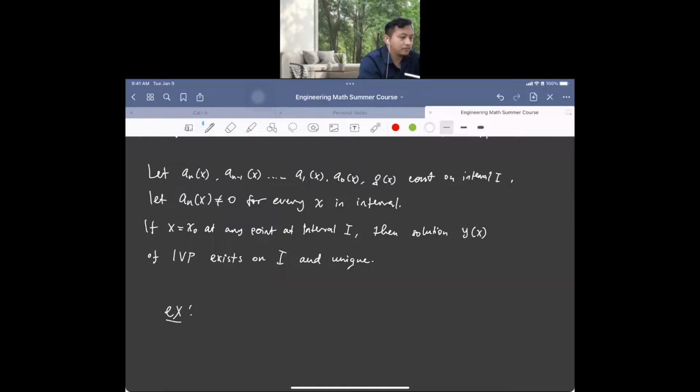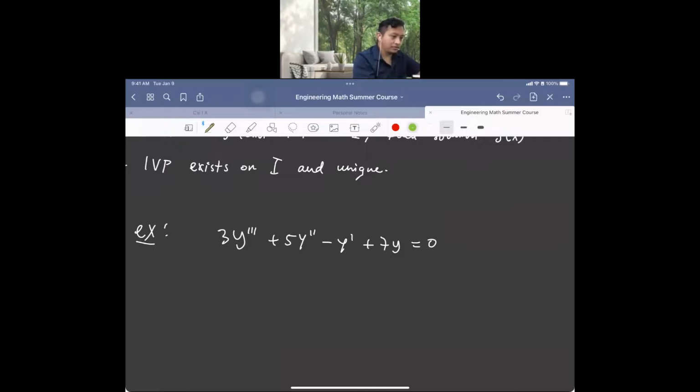So this is basically what we say, for example. Okay, we have 3y triple prime plus 5y double prime minus y prime plus 7y equals 0. So consider that this is a third order, right?